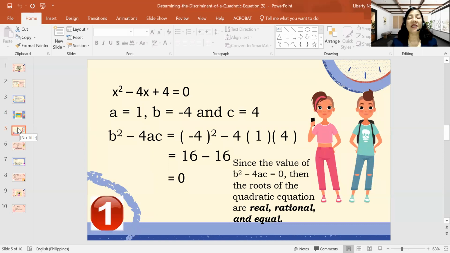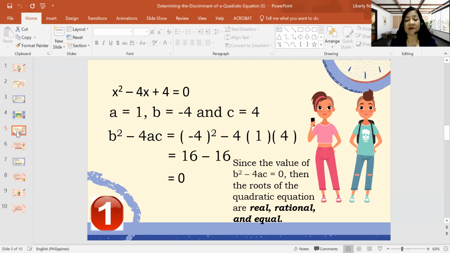The discriminant of the quadratic equation is b squared minus 4ac. When we substitute the values, it gives us negative 4 squared minus 4 times 1, the value of a, times 4, the value of c. Negative 4 squared is equal to 16, minus 4 times 1 times 4, so it is negative 16.